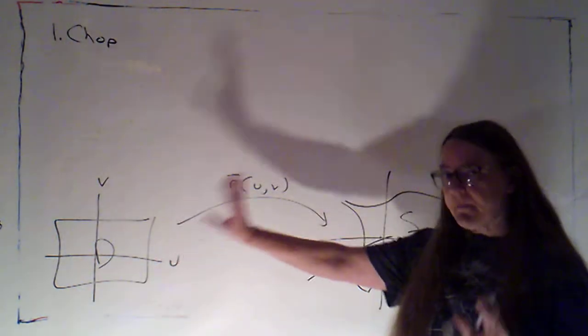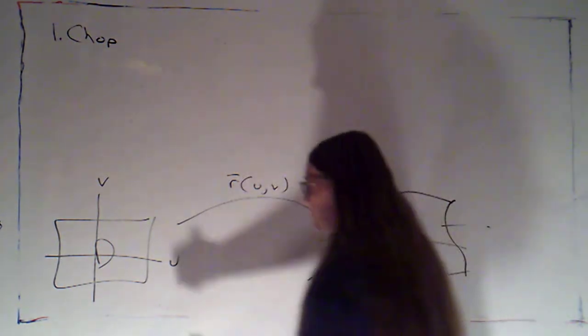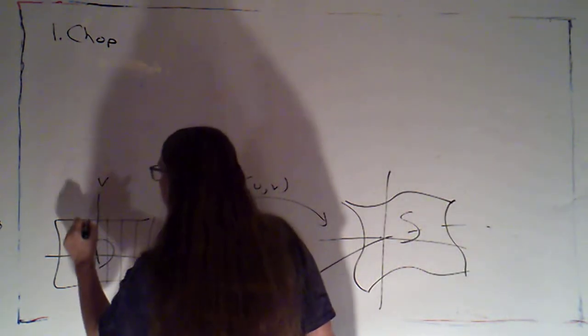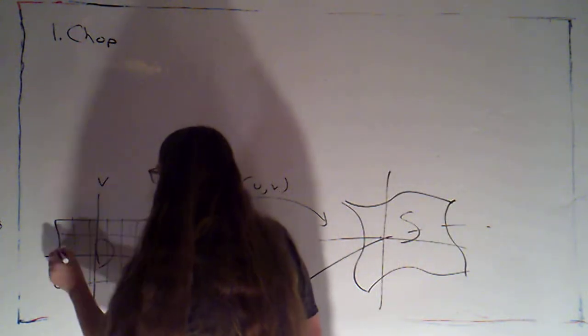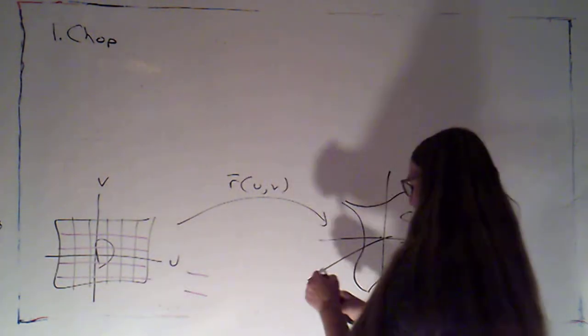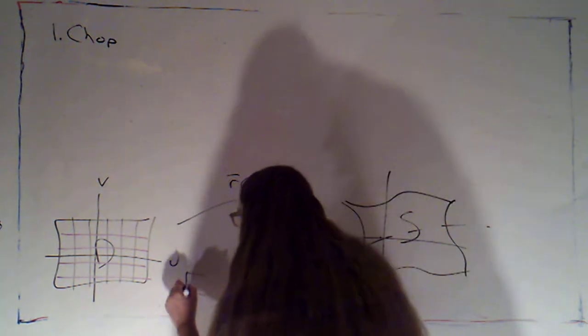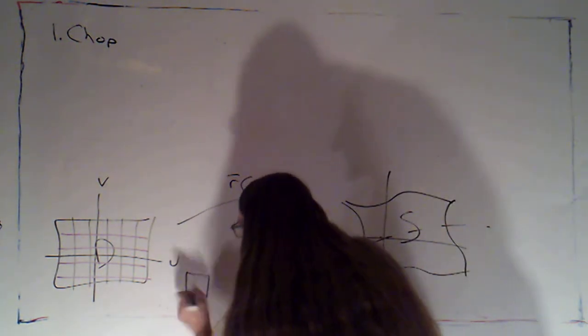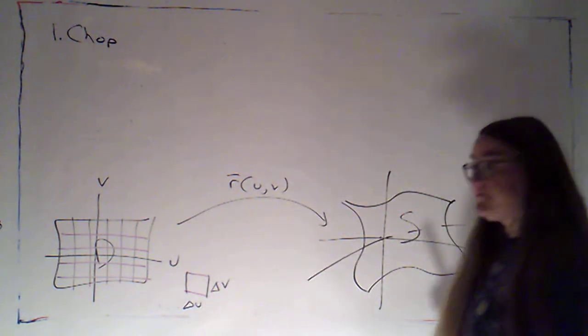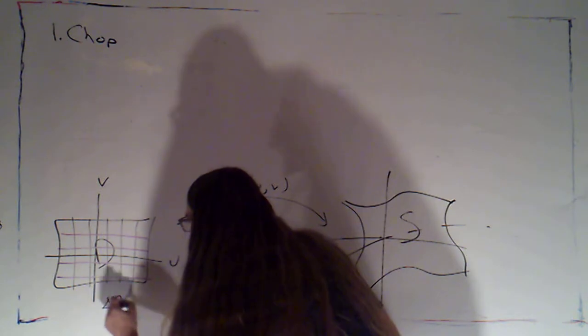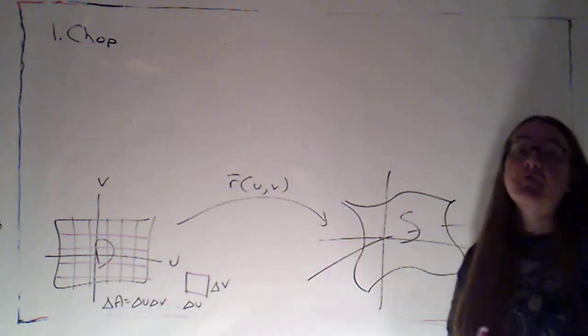Now we always chop the domain of our region into little pieces, and although it's not strictly necessary, it's certainly strategic to chop it into equal size pieces. So I'm going to have just a bunch of little rectangles here where the base is delta U and the height is delta V. And that way, delta A would just be delta U delta V, and that's the same for all of them.